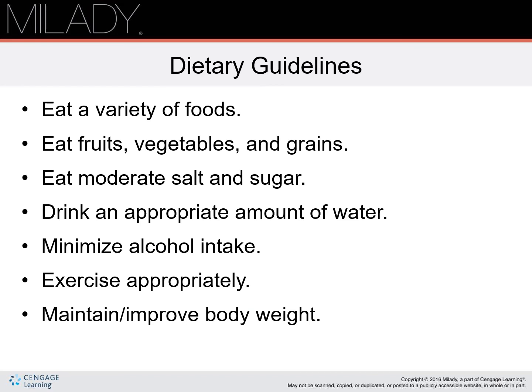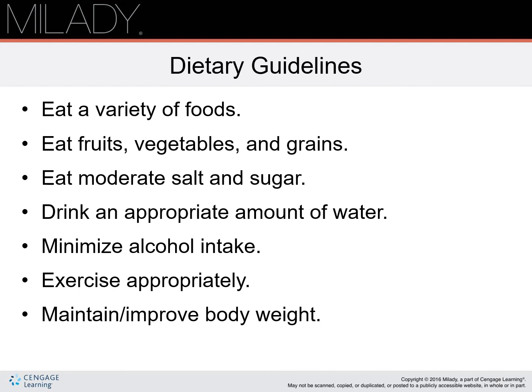So let's talk about some dietary guidelines. You need to eat a variety of foods. Again, you can go to that website, choosemyplate.gov, for the right mix of foods. They can help you. You need to eat fruits, vegetables, and grains. You need to select a diet that is high in fresh fruits, vegetables, and grain products, and low in fats, saturated fat, and cholesterol.